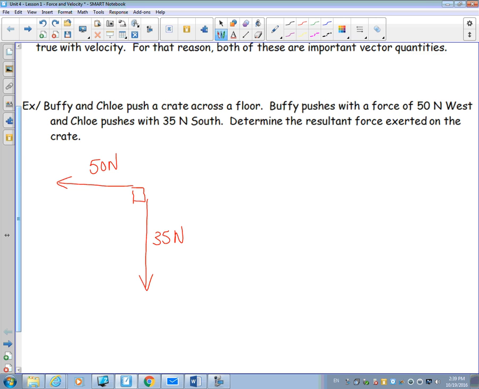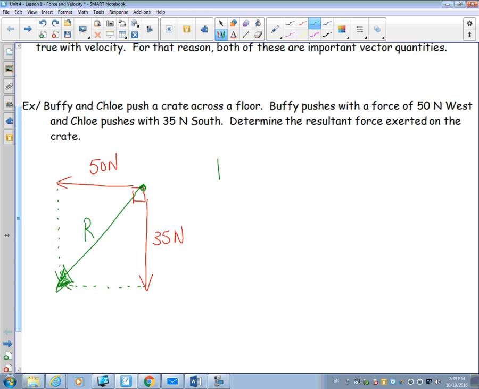Now we know from past experience that when things are tail to tail, we can complete the parallelogram. So we put the other one down here and the other one over here. And then if we do tail to tip, the resultant force would go diagonally south-west. I want to figure out the resultant force. The nice thing about this is we've got these two cardinal directions, so we know we can use right angle ideas.